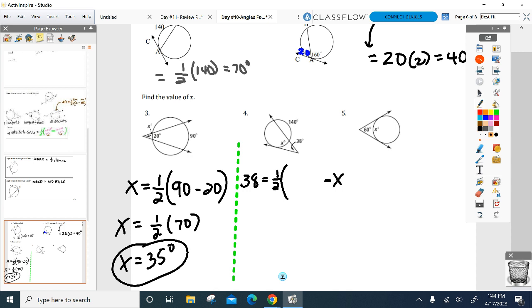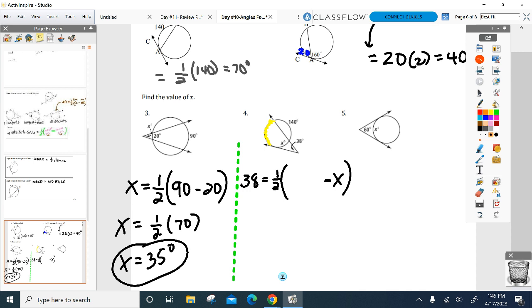X. What we're going to have difficulty with is what the heck is the measure of that major arc. This is where it becomes a little honors level. What do I plug in for the major? I know the minor's X, but what do I plug in for the major? Take a peek here. I just gave you 140 for that one. You know there's 360 in a circle. So how many degrees am I left over with?